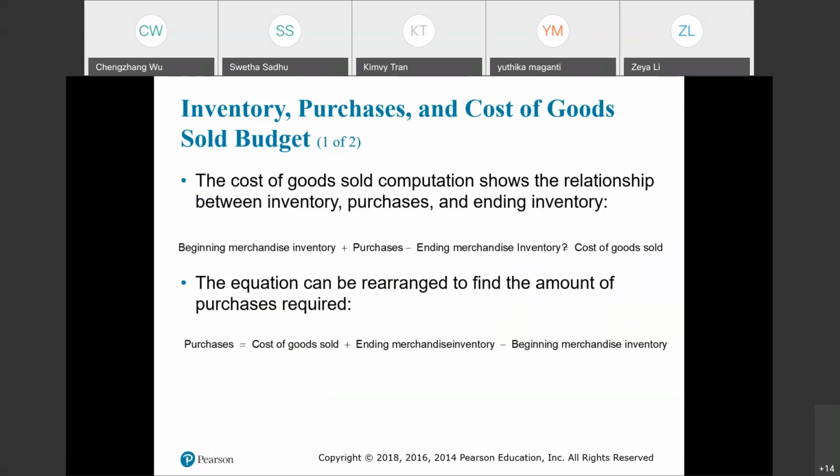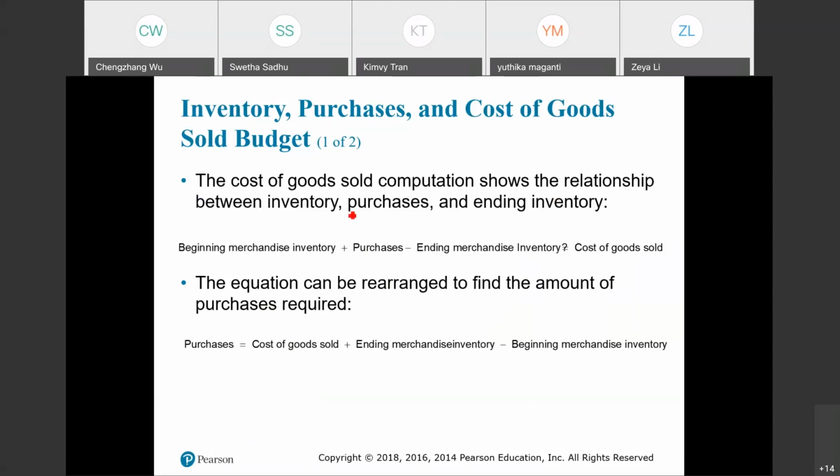To prepare the inventory purchase and cost of goods sold budgets, we need to calculate the amount of inventory that needs to be purchased. To do this, we begin with the equation for cost of goods sold. Then we can rearrange the equation to isolate purchases on the left side.